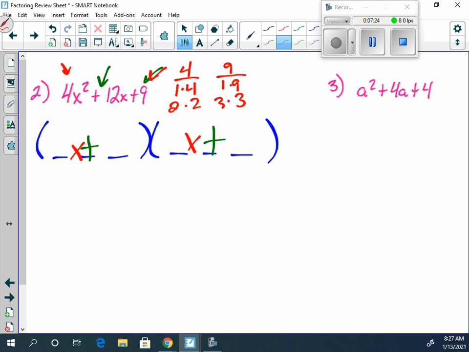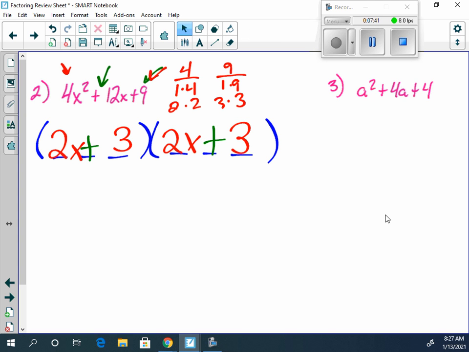So for 4, do we want to use 1 and 4 or 2 and 2 first? Okay, let's try 2 and 2. How about the factors of 9? 3 and 3, okay.